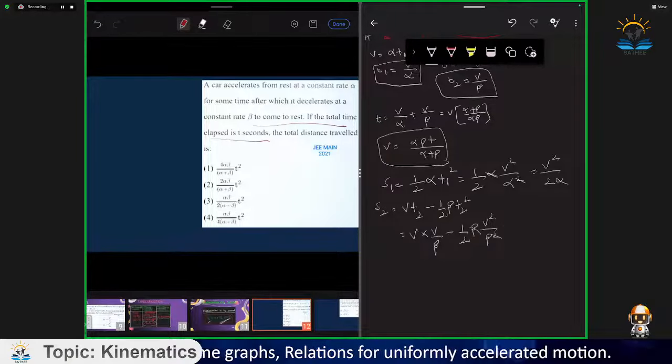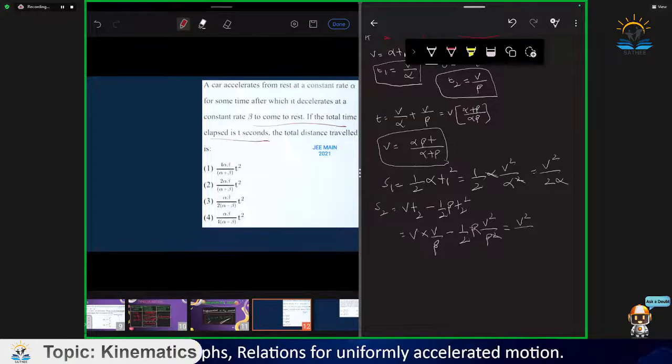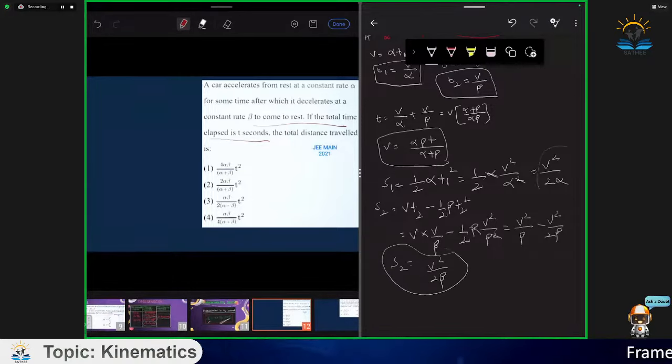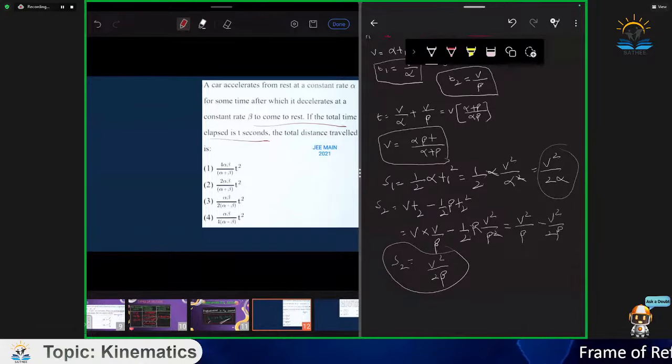So v square upon beta minus v square upon 2 beta. It will be v square upon 2 beta. So we got s2 is equal to v square upon 2 beta and s1 equal to v square by 2 alpha.